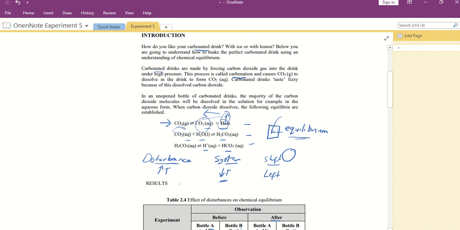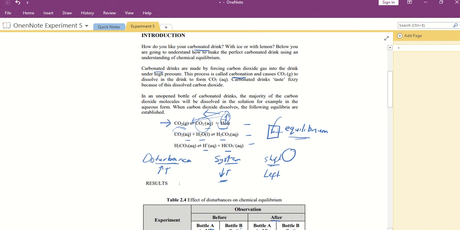If you are confused about whether it will shift to the left or to the right, just see in the equation which side is higher. In this case, heat is on the right side. We increase the heat, so this side is higher compared to this side. Like a slide, it will slide down from the higher part to the lower part, in this case to the left side, because this side is higher.